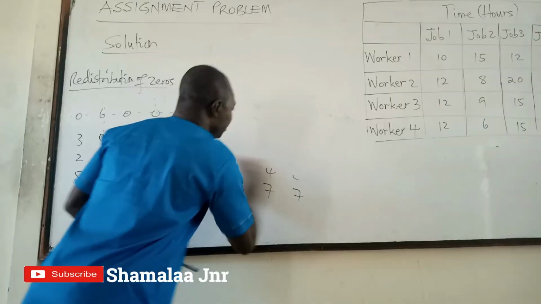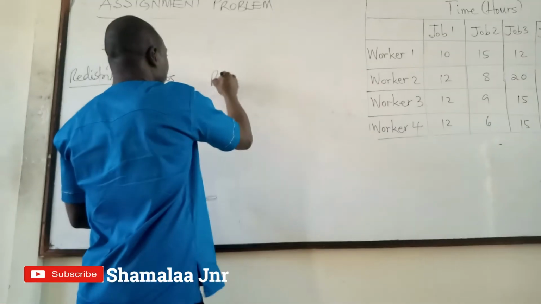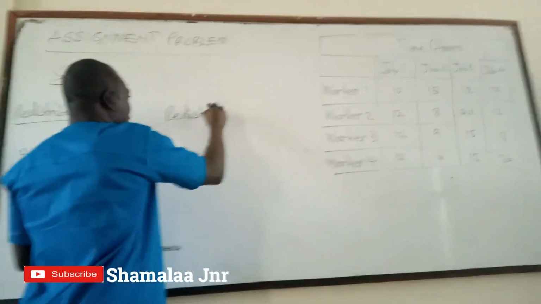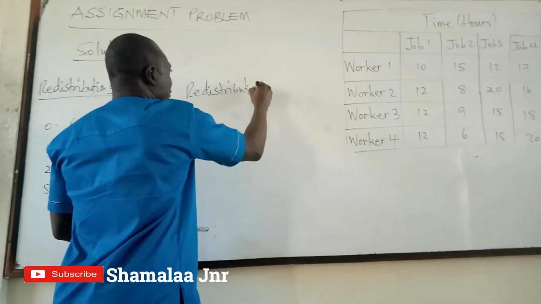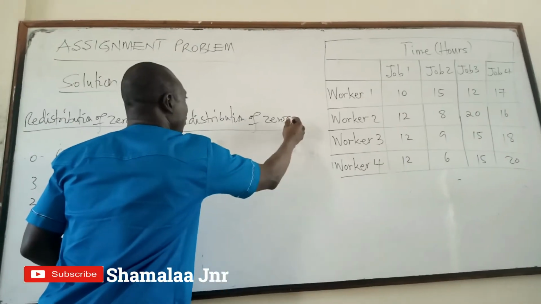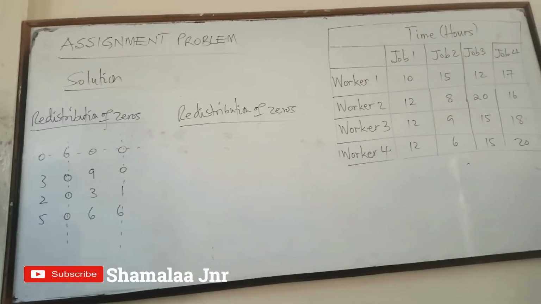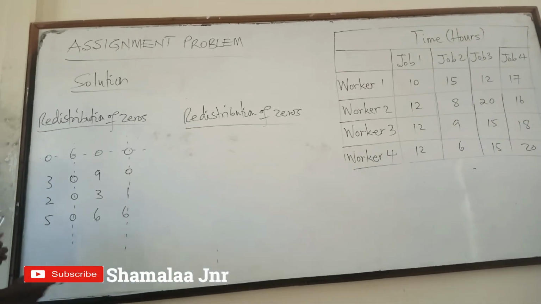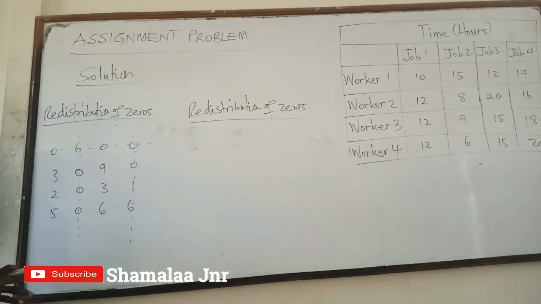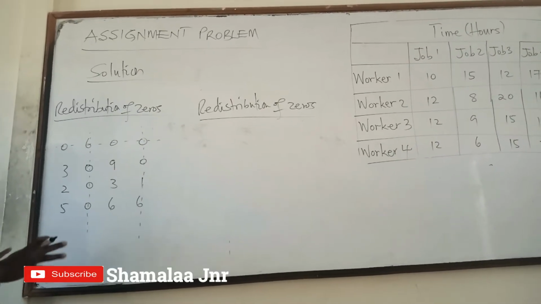So you are going to continue. Redistribution of zeros. You have to redistribute the zeros. Okay. So you are continuing in the same manner. You take the smallest uncrossed number, subtract it from all the uncrossed numbers, and add it to the junctions.